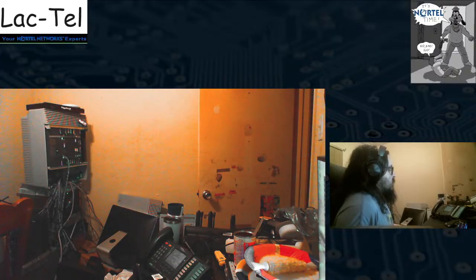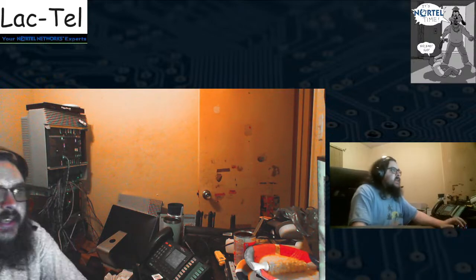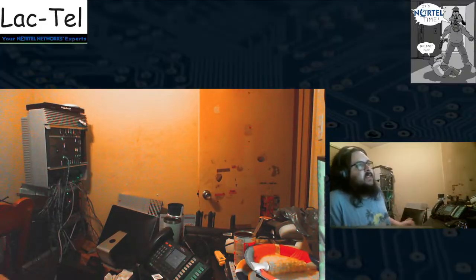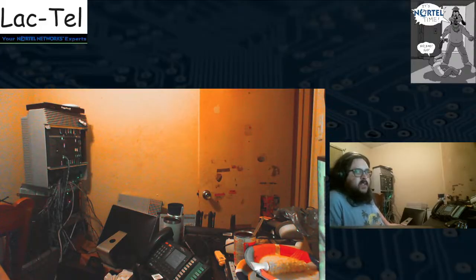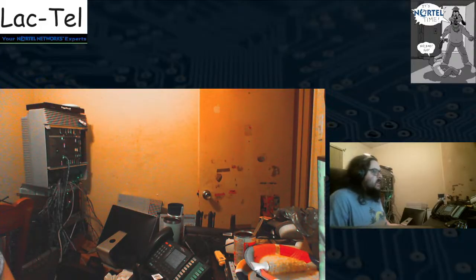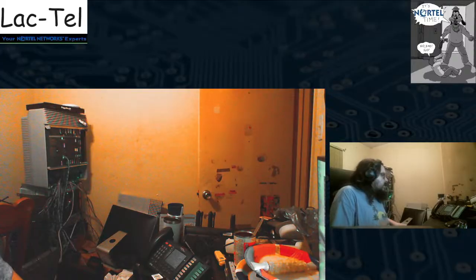So we get to play around with Astro P25 radio networks. Another thing I want to do is connect these phones into the Astro network so that I can use Astro calling, because P25 allows you to do telephone calls.